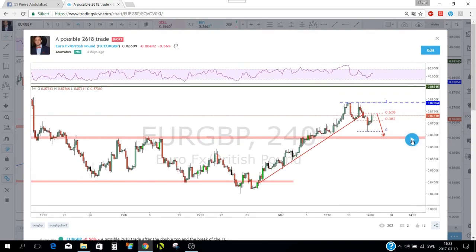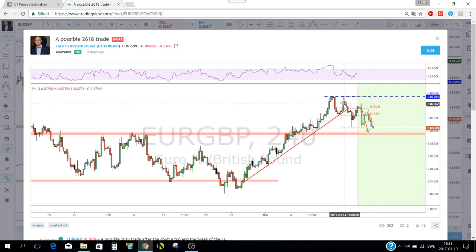And as you see, guys, we had a perfect 2618 trade. We had this double top, and when price went back down and started going back up, I published this idea, and we got a very good trade here.